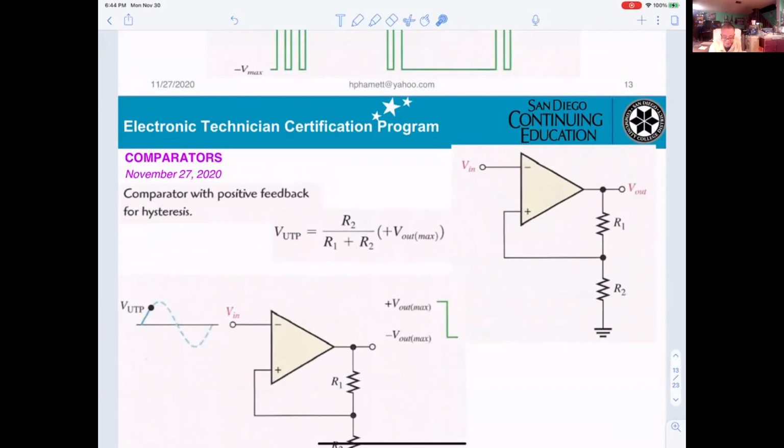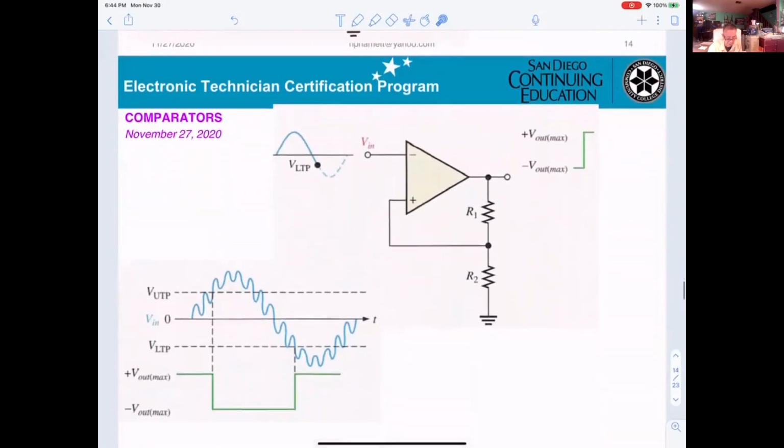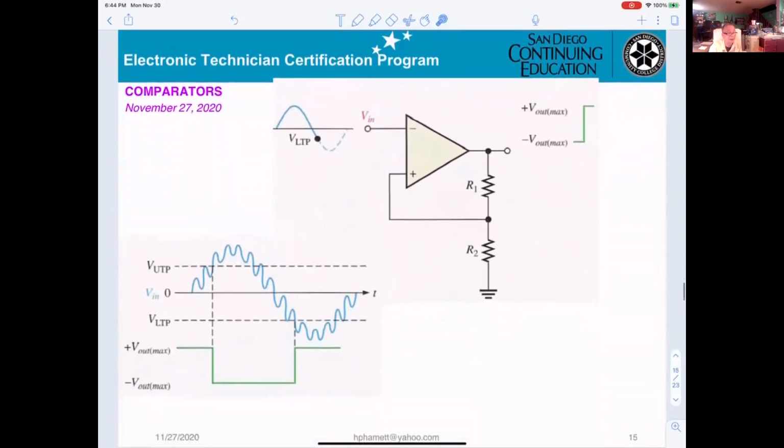You have to know what is VUTP, the upper trigger point, and VLTP, the lower trigger point, and how to calculate them. Upper trigger point: you take V maximum times R2 divided by R1 plus R2.